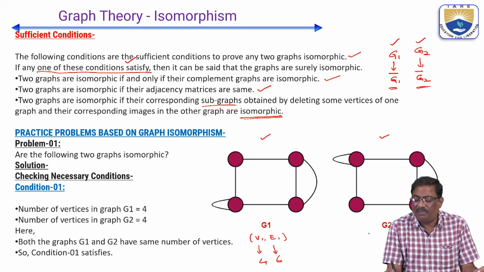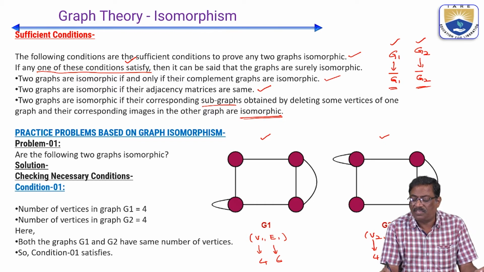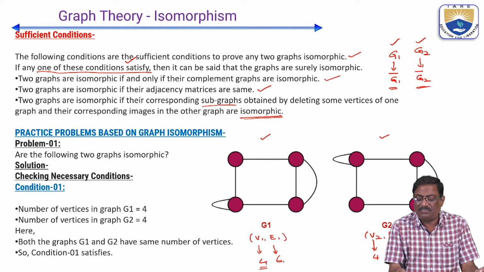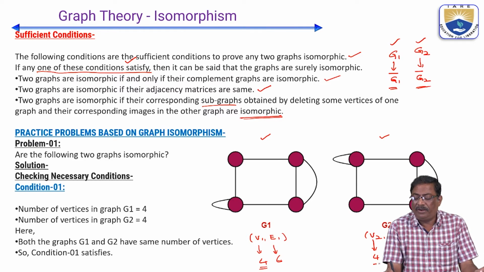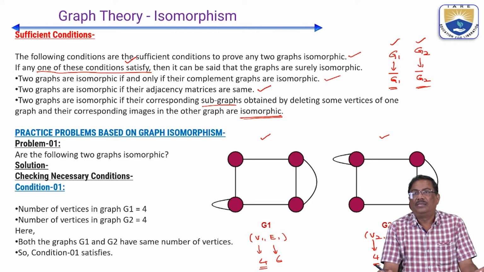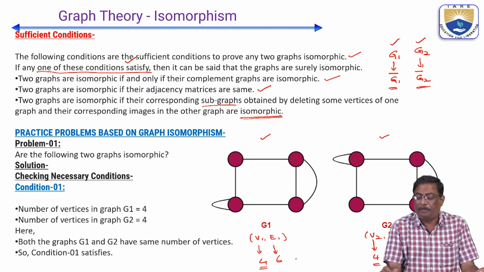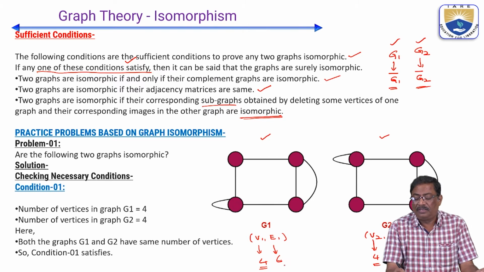And G2 has V2 vertices and E2 edges: the number of vertices is 4 and the number of edges is 4, 5, 6. So the number of vertices in G1 and G2 is equal to 4, and the number of edges in G1 and G2 is equal to 6.